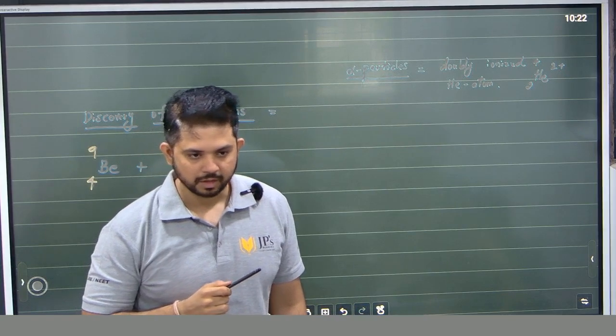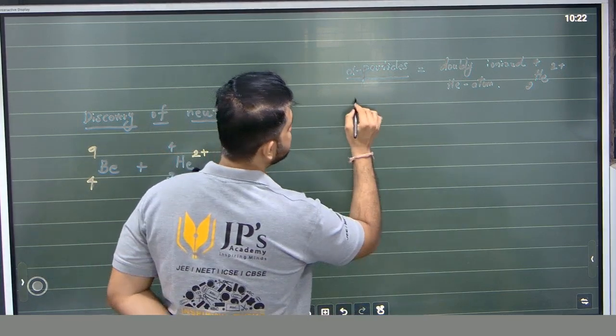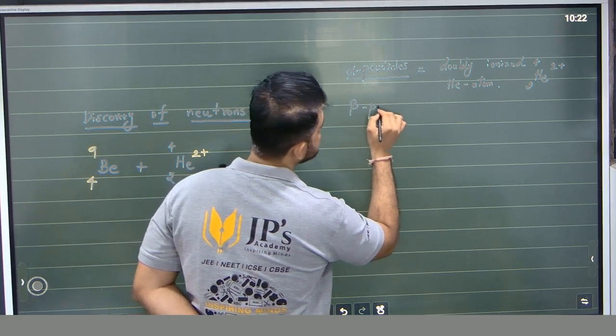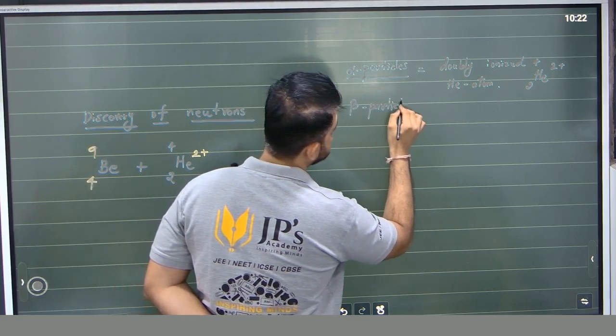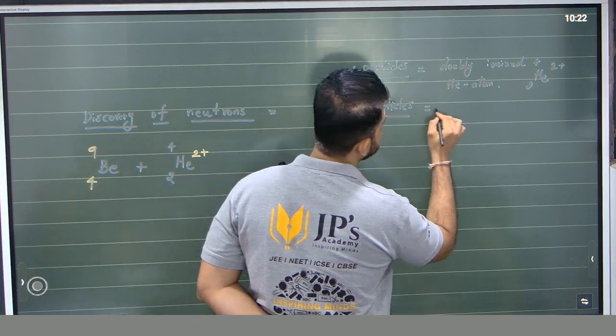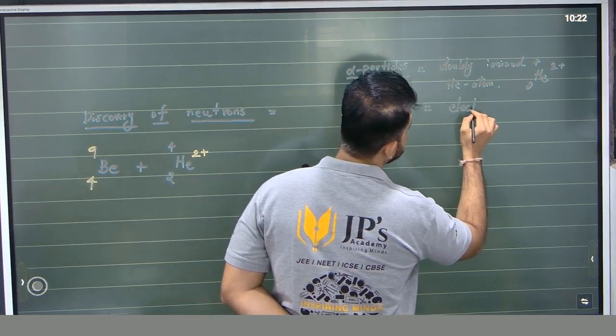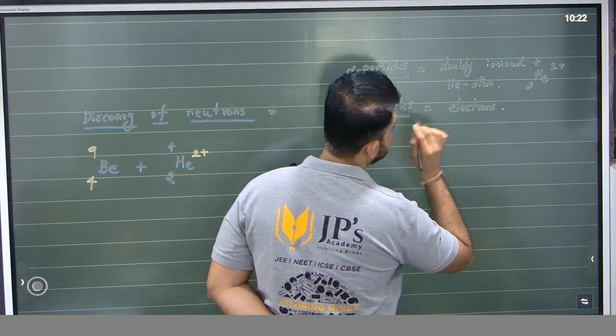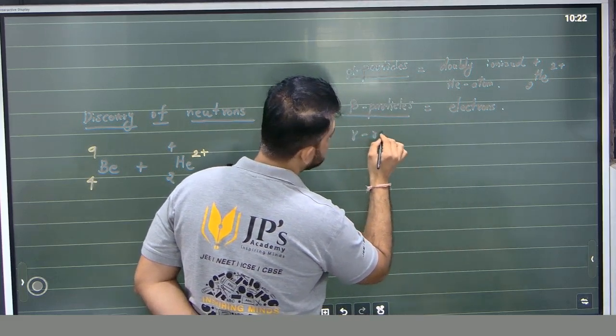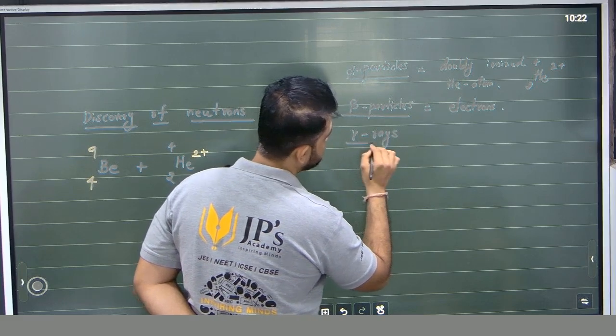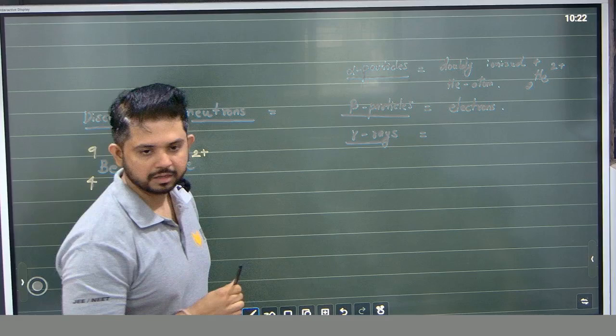Samjha? Can someone tell me what beta particles were? If anyone remembers. Excellent. Beta particles were nothing but, people, electrons. And we have something called electromagnetic radiation, gamma rays.